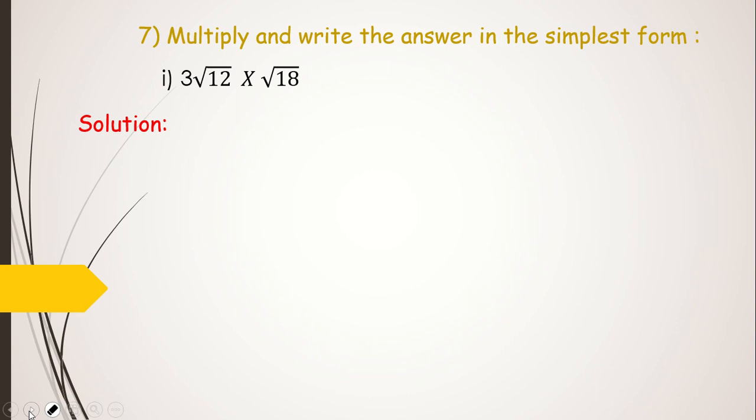That is one way of doing it, and then that radical part you will have to simplify. Or there is another way wherein you can simplify first and then factorize the radical part.